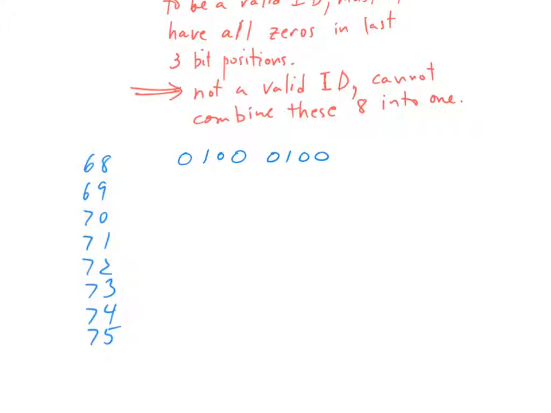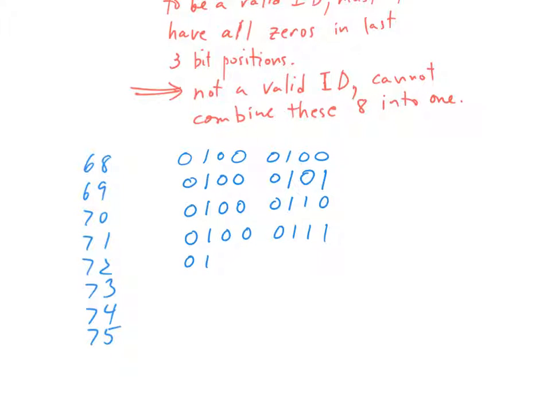And so 69 is 01000101. I'm just counting by ones in binary. 01000110, 01000111, 01001000, 01001001, 01001010, and finally 01001011.